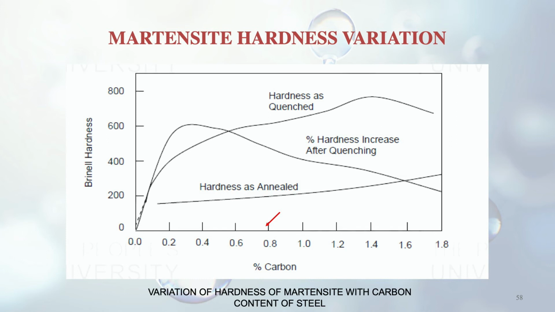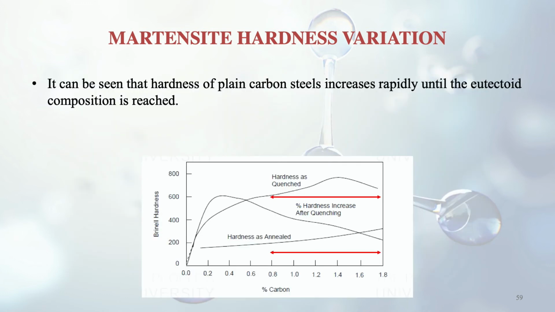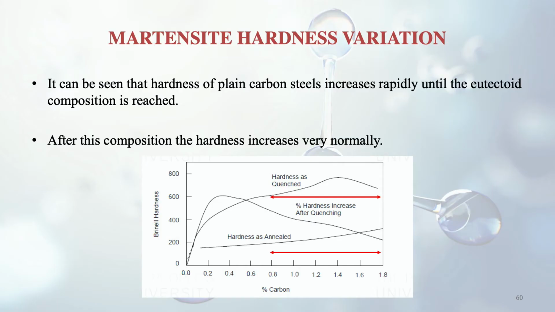It is quite parallel to the x-axis, with only a slight increase after 0.8% carbon. So it can be seen that the hardness of plain carbon steels increases rapidly until the eutectoid composition, the 0.8% carbon point, is reached. After this composition, the hardness increases very normally.